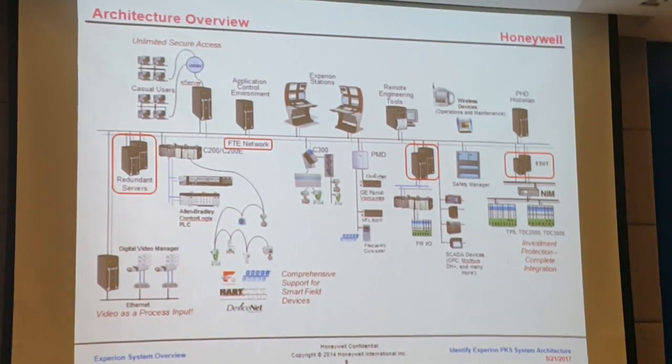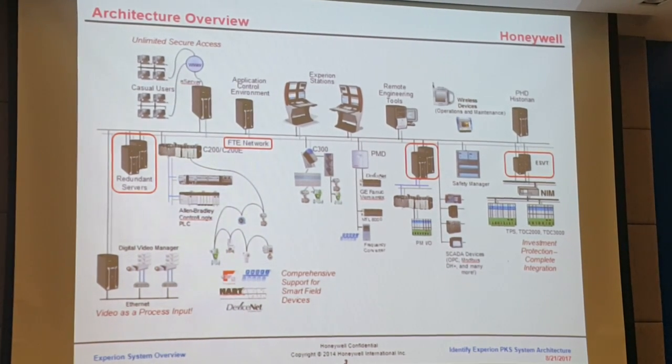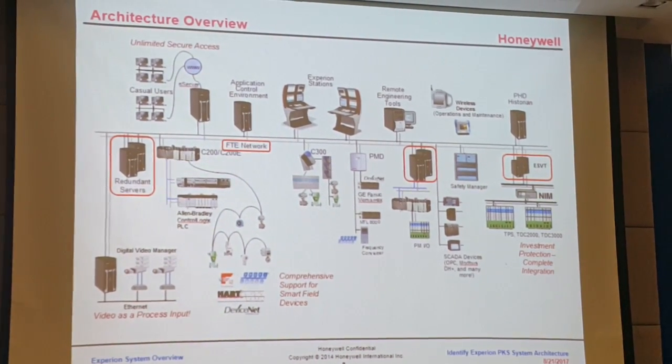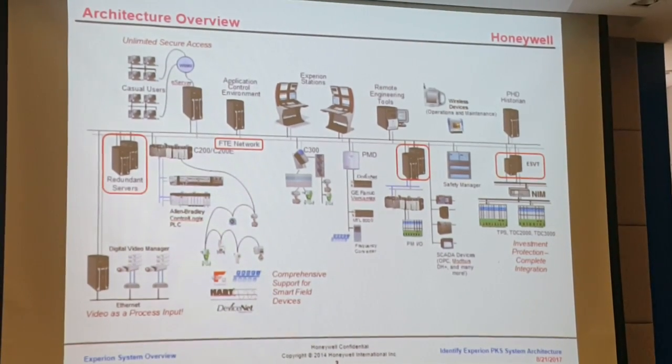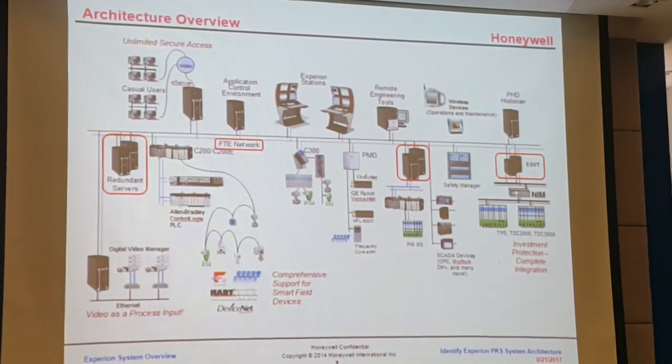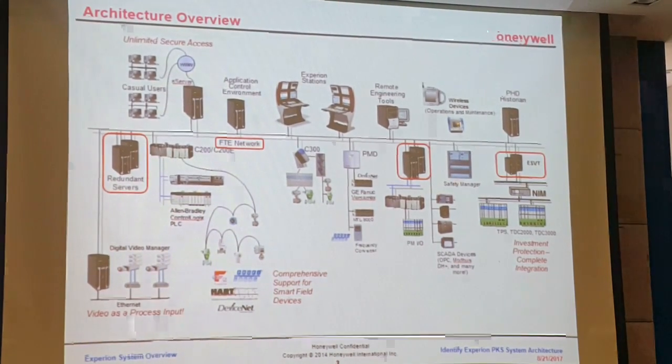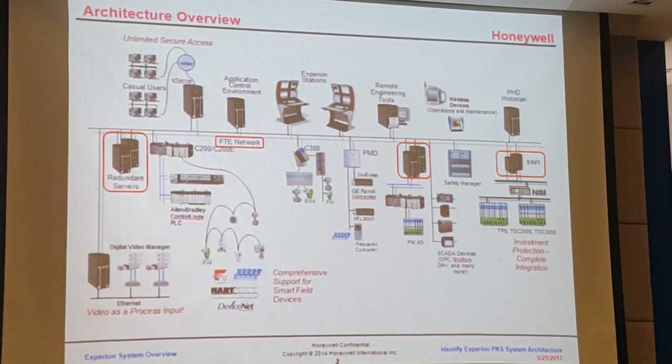You can have up to 31 servers in a DSA network. The maximum is 31. We are using a fault-tolerant Ethernet in this diagram to connect these things together. We call it FTE for short.